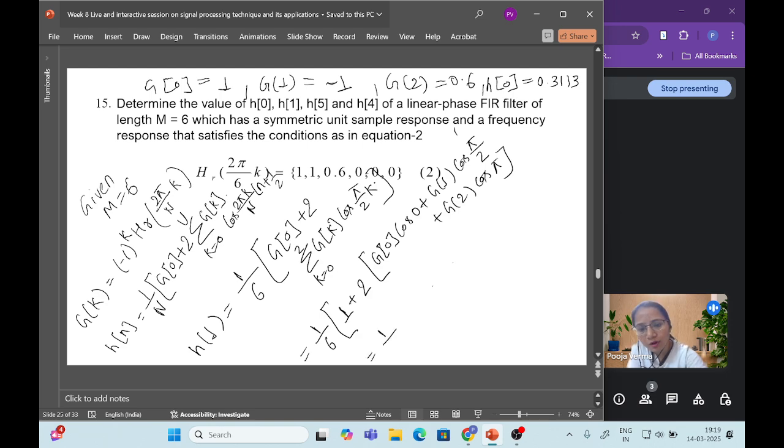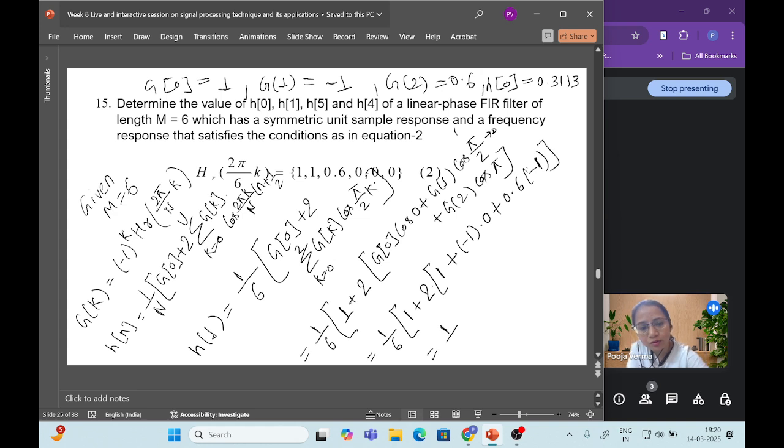Okay, now 1 by 6, 1 plus 2, g0 value is 1, cos 0 is also 1, so 1, right? g0 and cos 0, that is 1, plus g1 is minus 1, cos pi by 2, what will be the value of cos pi by 2? That is 0, so into 0 plus g2 is 0.6, cos pi value, if you just see the sign, you will get minus 1.